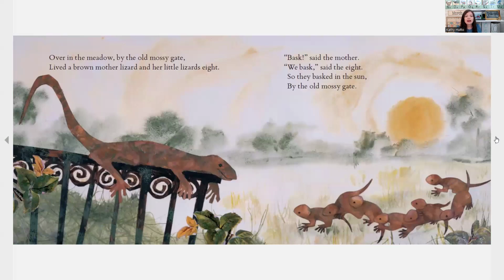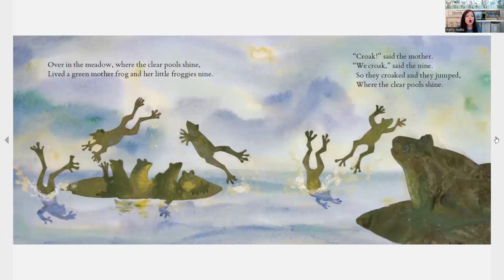Over in the meadow by the old mossy gate lived a brown mother lizard and her little lizards eight. Bask, said the mother. We bask, said the eight. So they basked in the sun by the old mossy gate. Over in the meadow where the clear pools shine lived a green mother frog and her little froggies nine. Croak, said the mother.